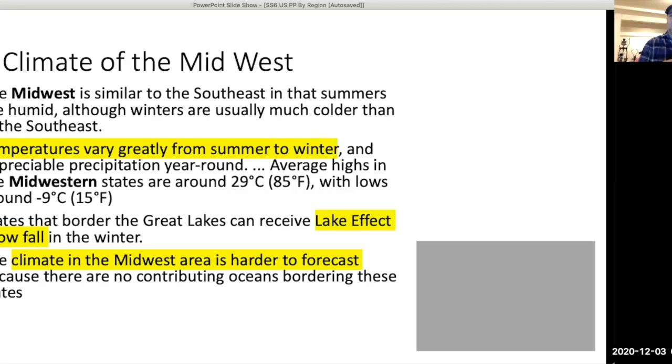You get hurricanes and tropical storms that usually sweep into the states and go up the eastern coast. And everything from the west coast usually comes in from the Oregon, Washington area and sweeps into the east. So it's really hard for them to forecast and understand exactly what the weather's going to do in the Midwest.